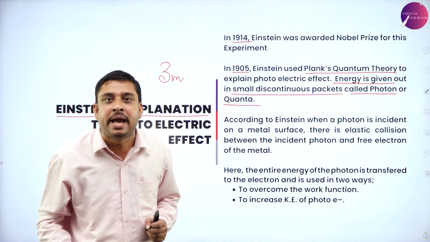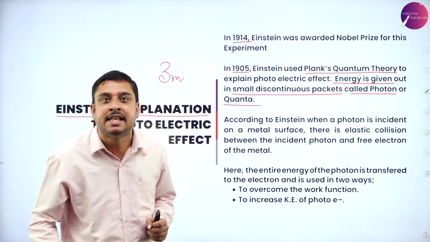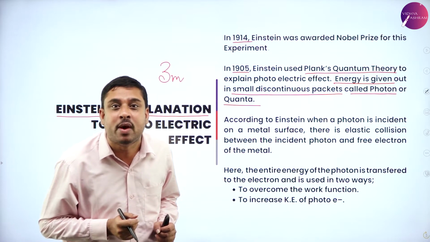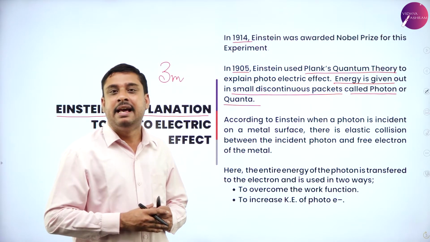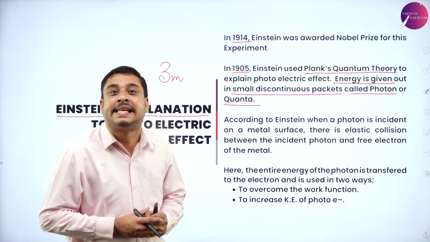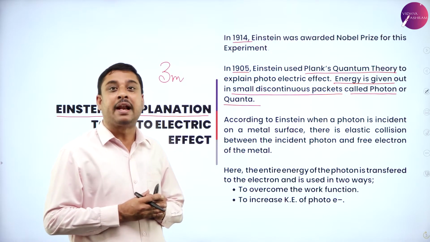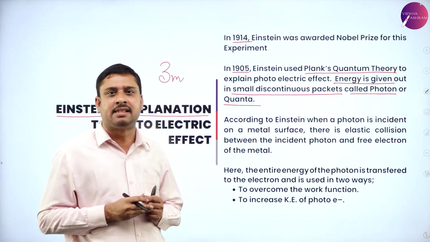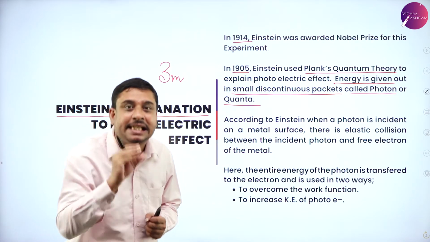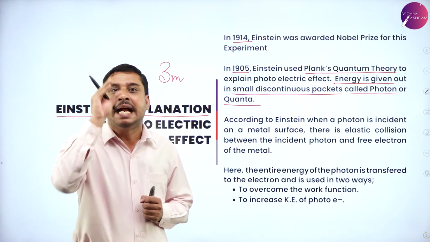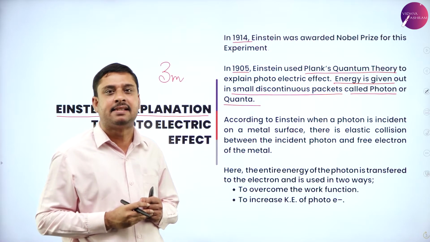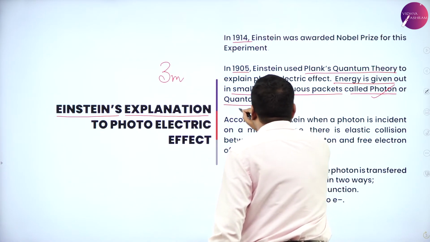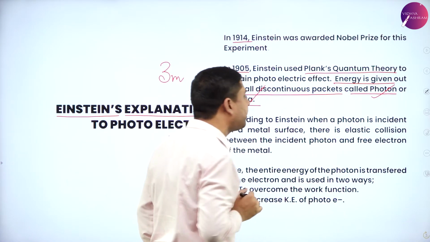There cannot be any source which will deliver energy continuously. Energy is given out or liberated in small packets, discontinuous packets, discrete packets, and these packets are called photons or quanta.